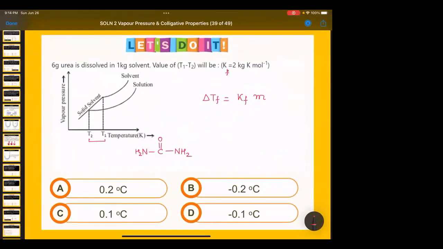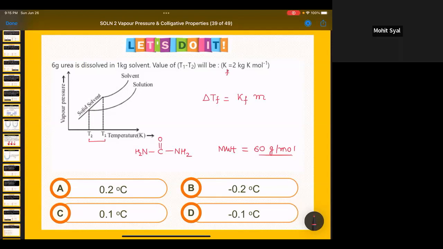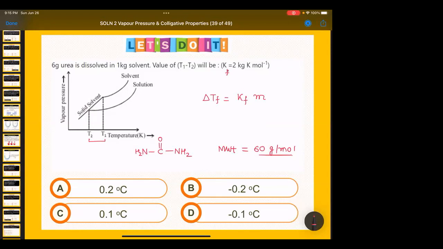You can remember it because it is very common and it is asked every time. It is 60 gram per mole, right?